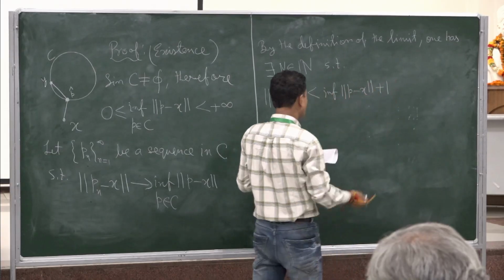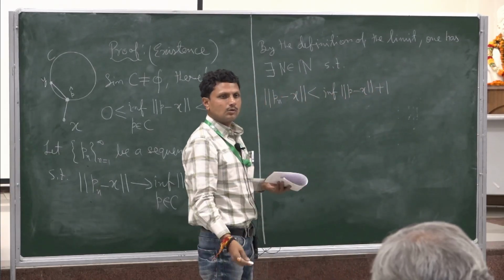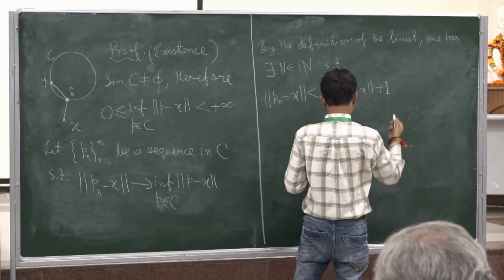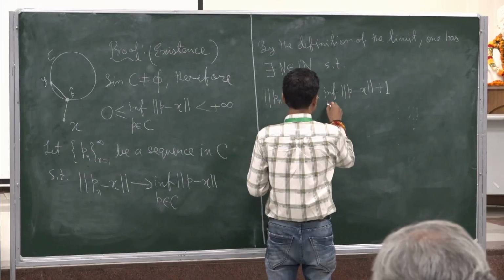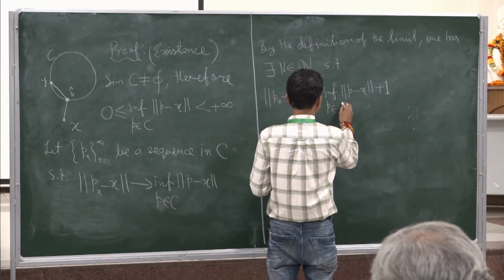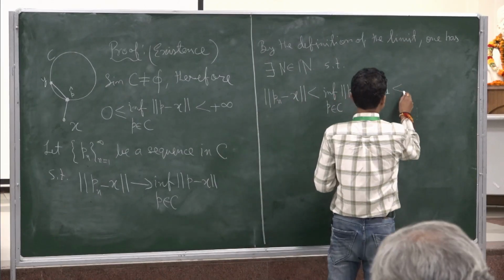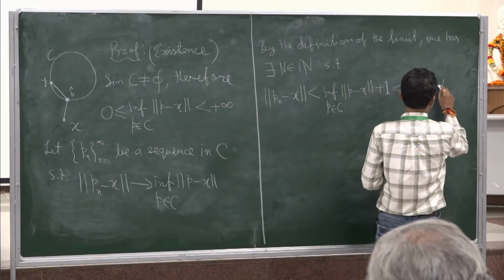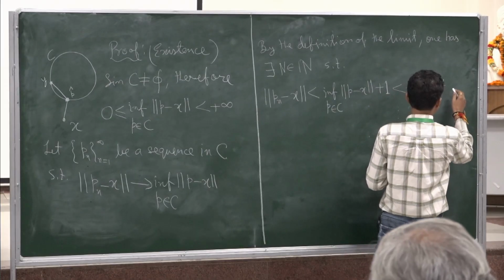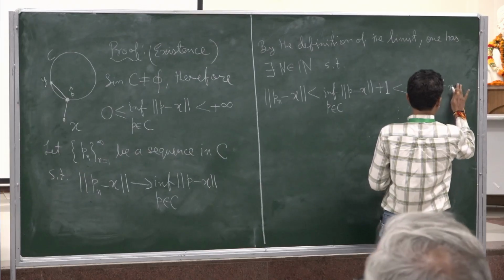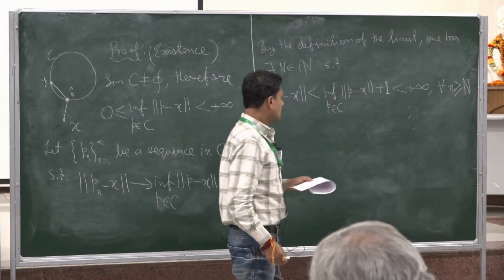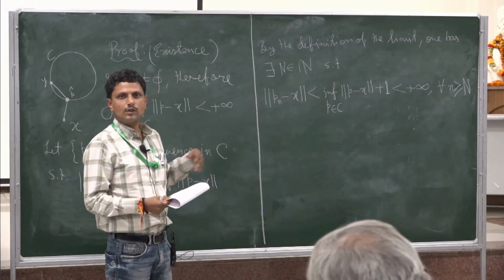In place of epsilon we can take any number; we are taking plus 1 just to fix this number, which is some finite number, for every n greater than or equal to this capital N. This is the definition of limits.